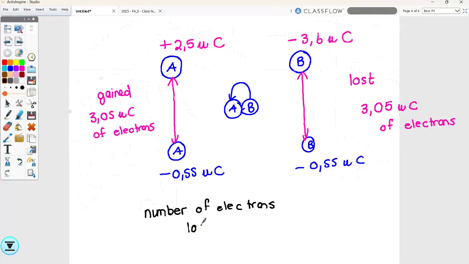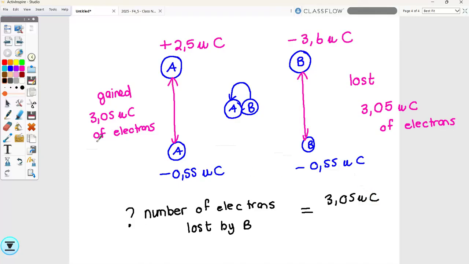So let's do the number of electrons lost by B. You're going to say, okay, I know it lost 3,05 microcoulombs. What is the charge on one electron? 1.6 times 10 to the minus 19.